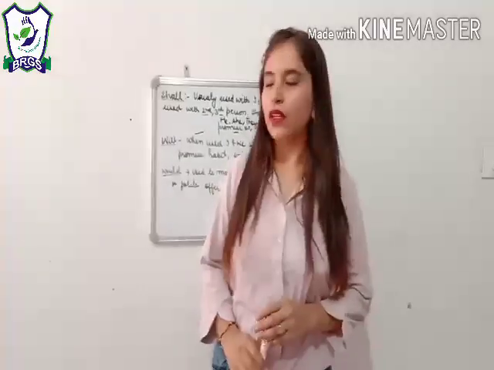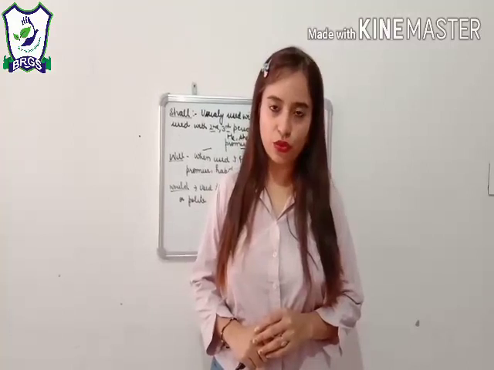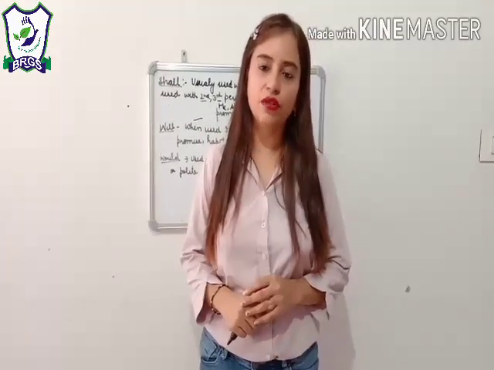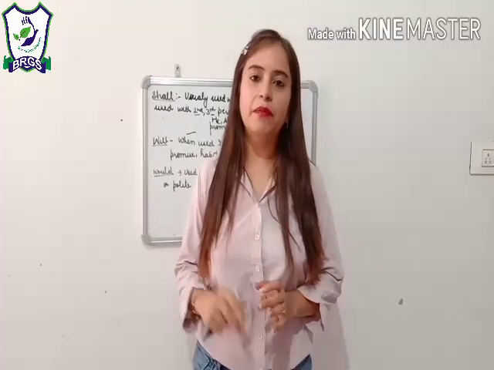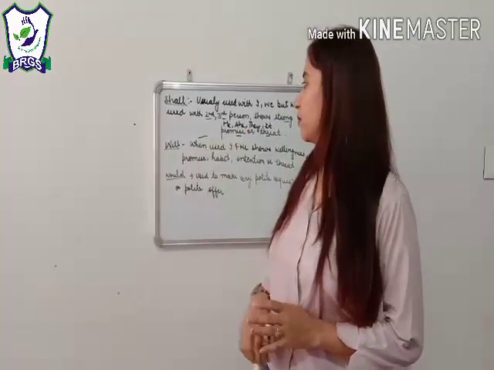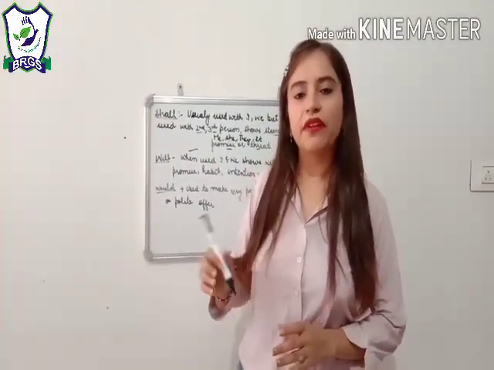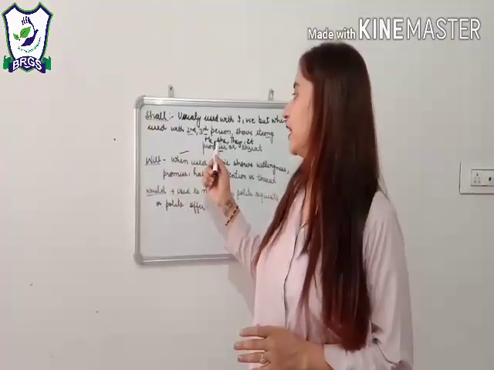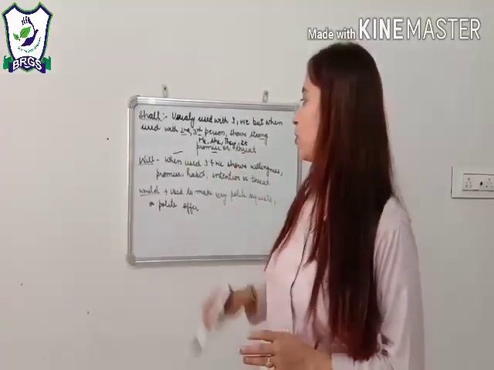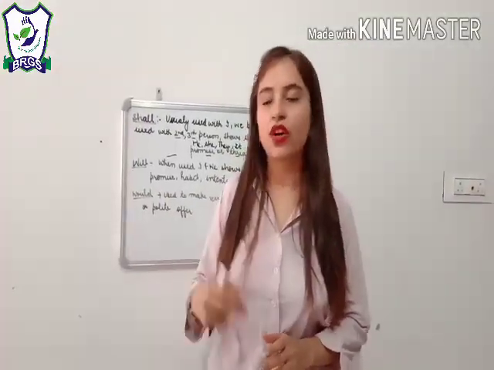Understood? Now we come to shall. As you know, we generally use shall with I and we. But when we use shall with second and third person pronouns, that means you, he, she, it, they, it shows a strong promise or a threat.